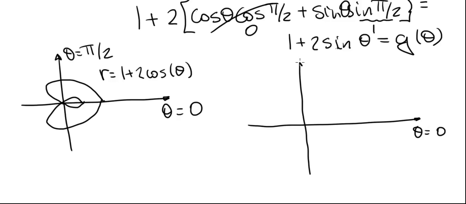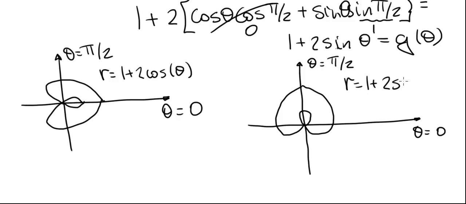So this is theta equals 0, theta equals pi over 2. If we take the limacon on the left and rotate it 90 degrees in the counterclockwise direction, we end up with the limacon that we just got by using symmetry. This is r equals 1 plus 2 sine of theta.